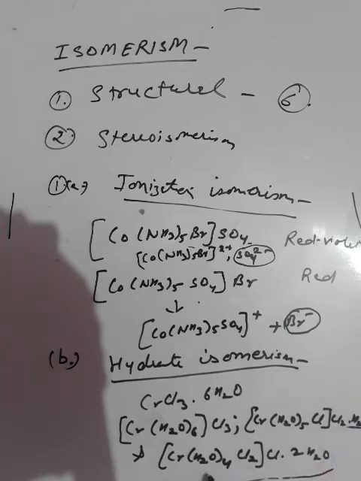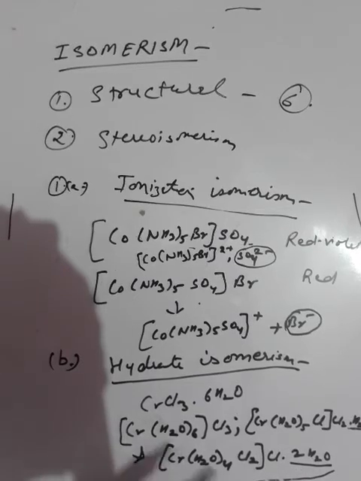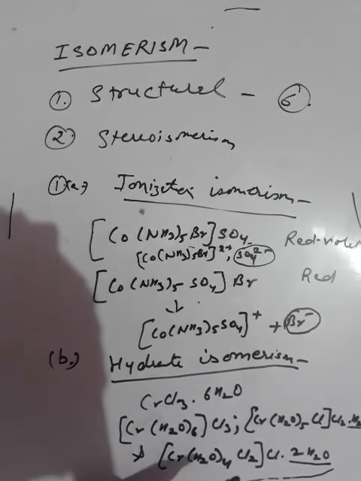In the case of the third one, it has two water molecules outside the coordination sphere, so it is going to lose two water molecules. So these types of compounds which have the same molecular formula but differ in the number of water molecules inside and outside the coordination sphere are considered under hydrate isomerism.